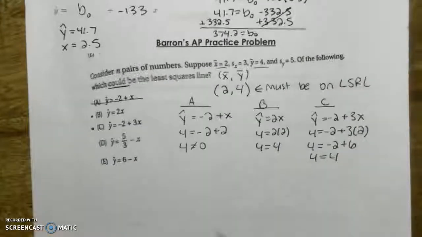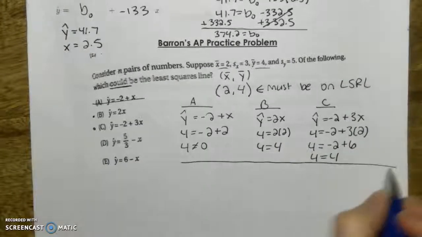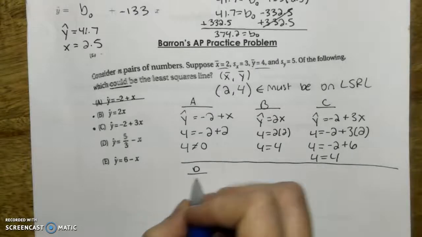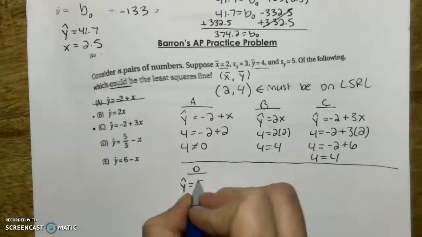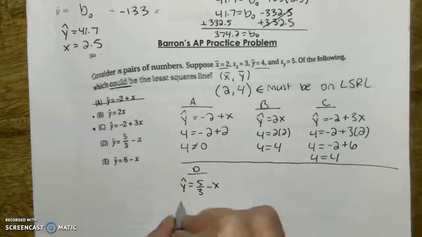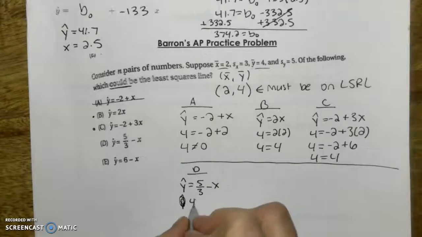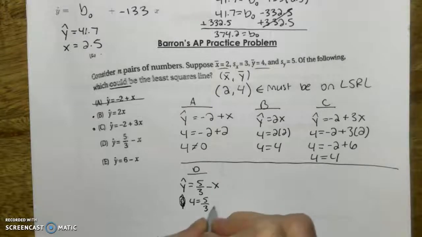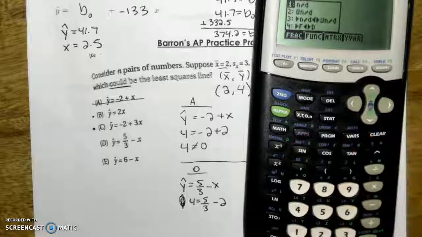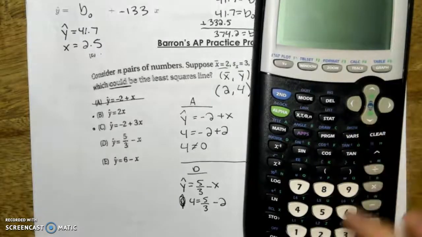All right, let's try answer choice D. Y hat equals 5 over 3 minus x. Oh my gosh, why did I write that? So 4 is going to equal 5 over 3 minus 2. Alpha y equals enter gives me the fraction 5 over 3 minus 2.